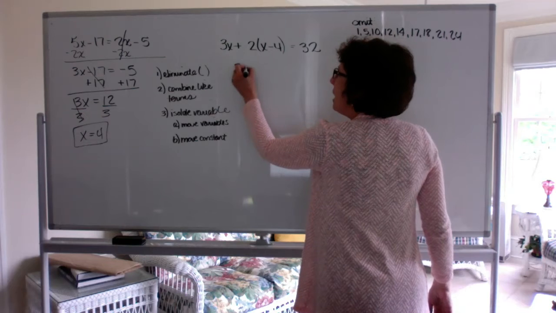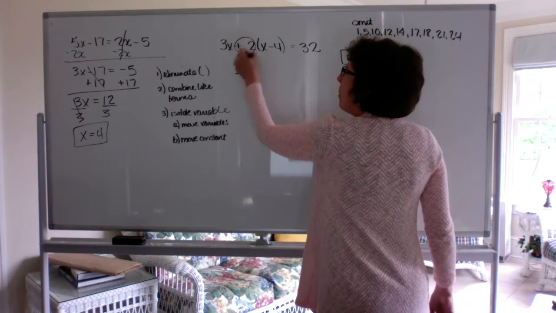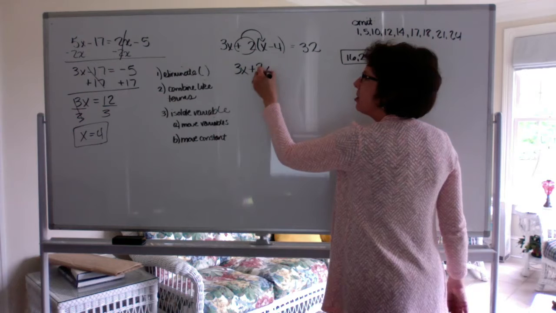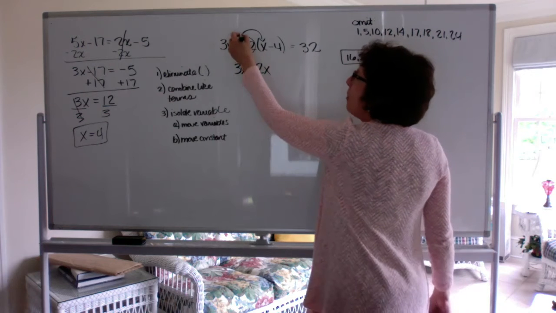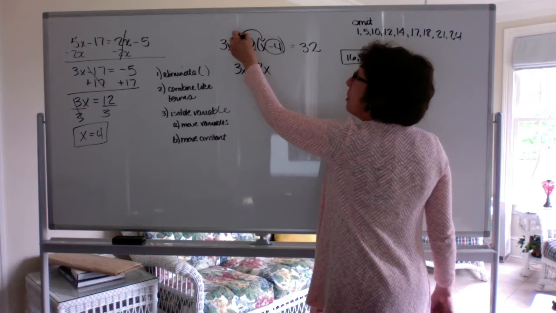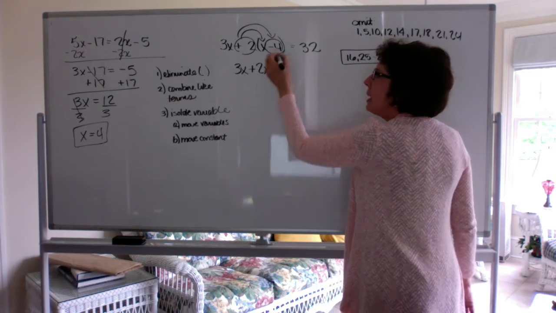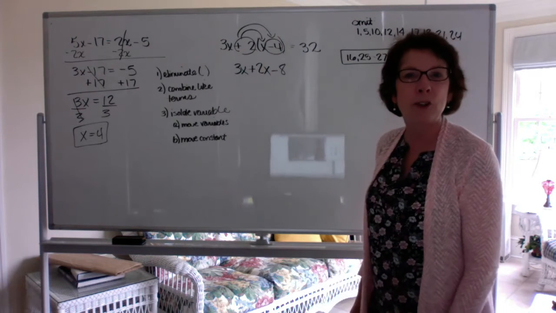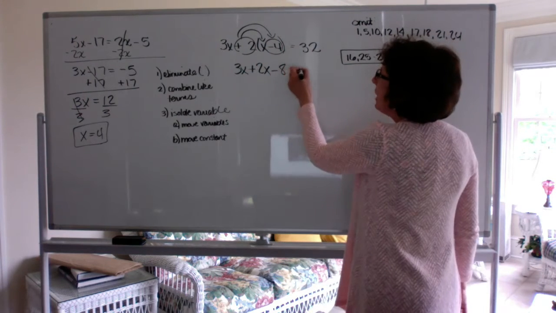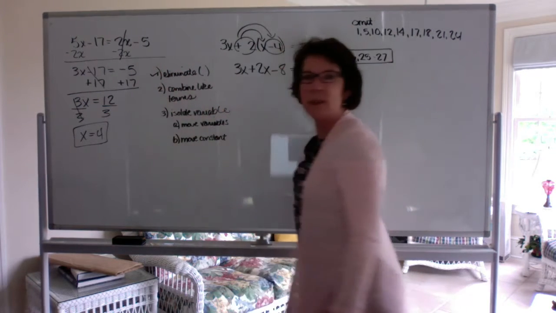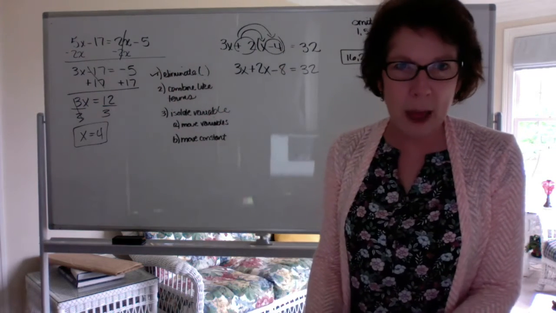So I've got 3x. Now, I've got positive 2 multiplied by x to give me a plus 2x. I'm going to go back and distribute by multiplying positive 2 times negative 4 to give me a negative 8. I've done the distributive property. I'm going to put equals 32, and I have eliminated parentheses, first step.